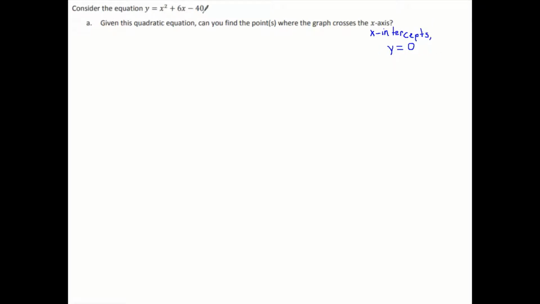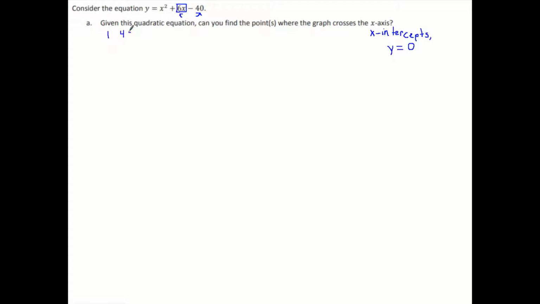But the first thing we are going to have to do is take this and put it into a factored form. So again, what we want to do for a factored form is find out where we are going to add up to 6 and multiply to negative 40.